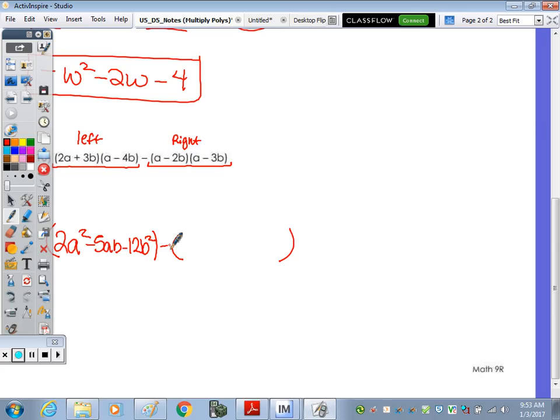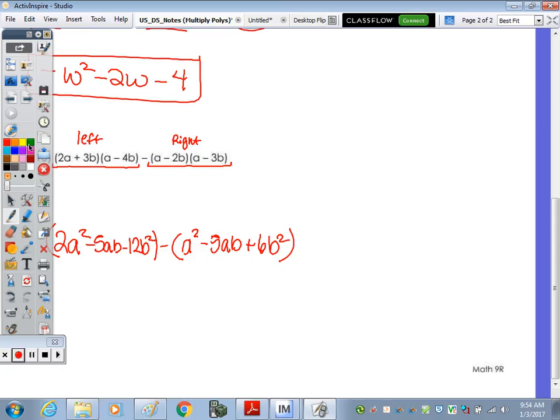What do we get over here? Anyone on this side share their answer? A squared minus 5ab plus 6b squared. Yes. So right side is a squared minus 5ab plus 6b squared.